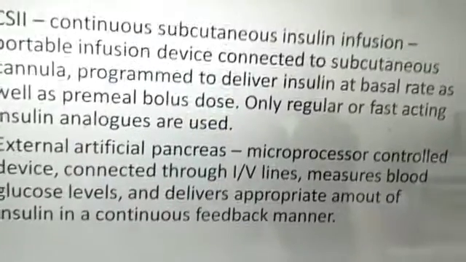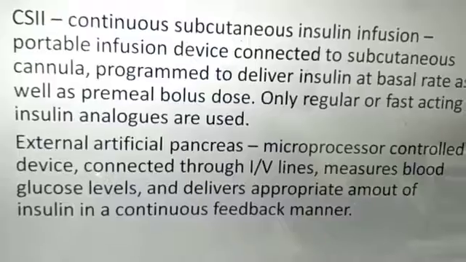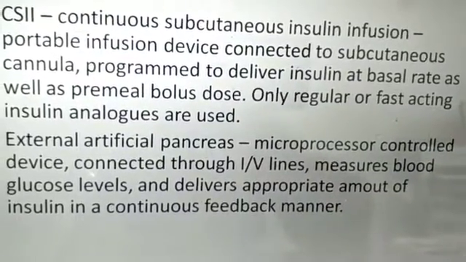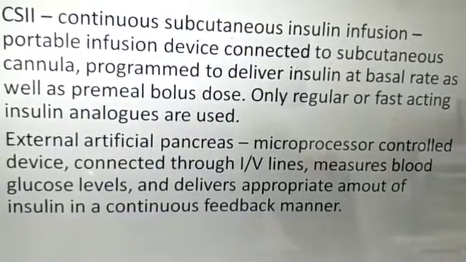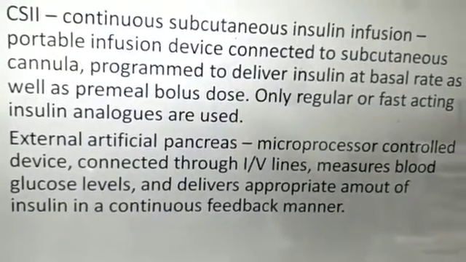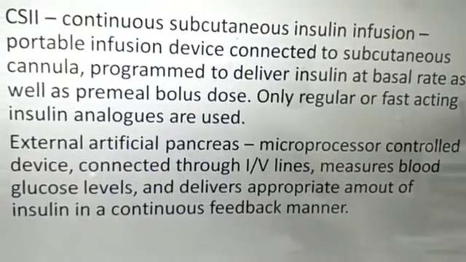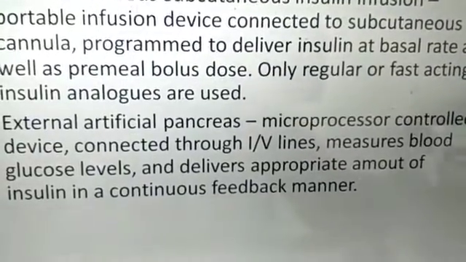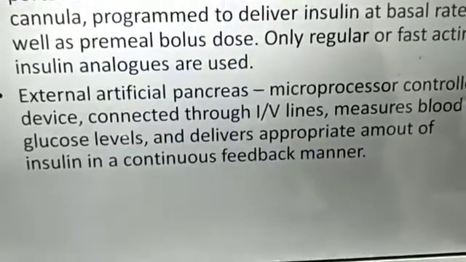Then further development in the form of an external artificial pancreas. Now this is a microprocessor controlled device which is connected through IV lines. So continuously it is measuring the blood glucose levels, calculating the appropriate amount of insulin to be given, and is delivering that amount in a continuous feedback manner.